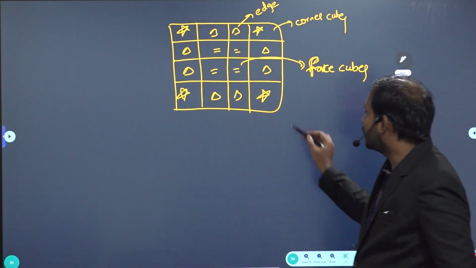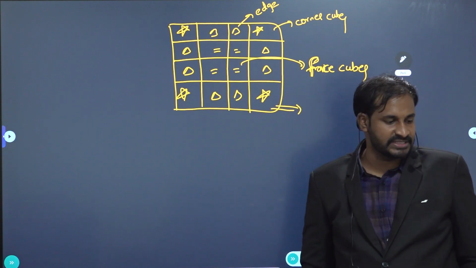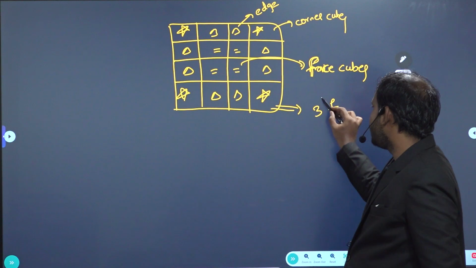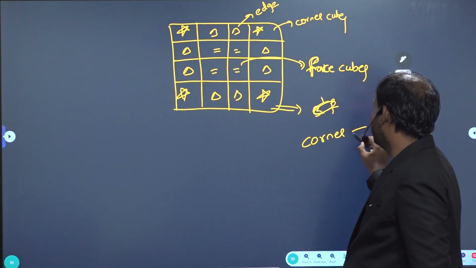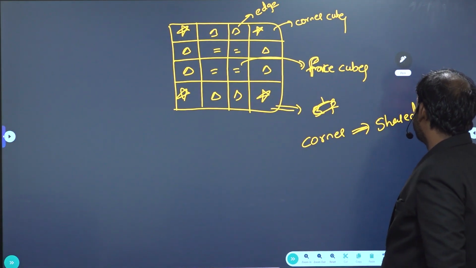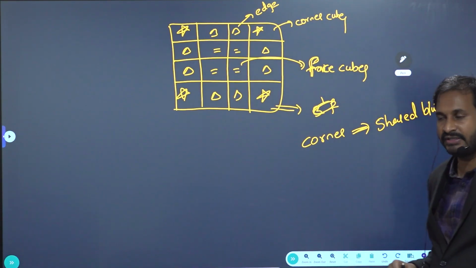Now see here, the cubes which are present in corners will be shared between 3 faces. The corner cubes will be shared between 3 faces.